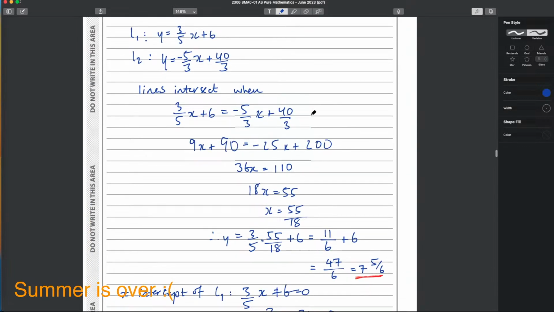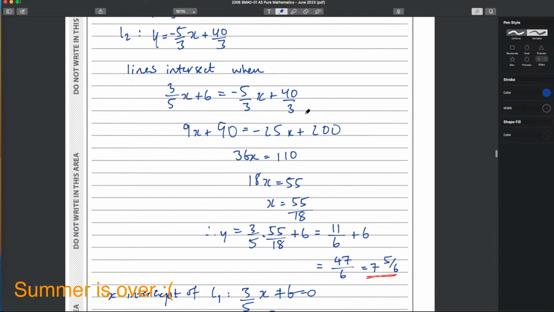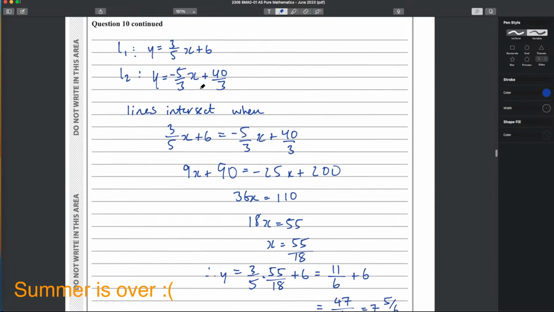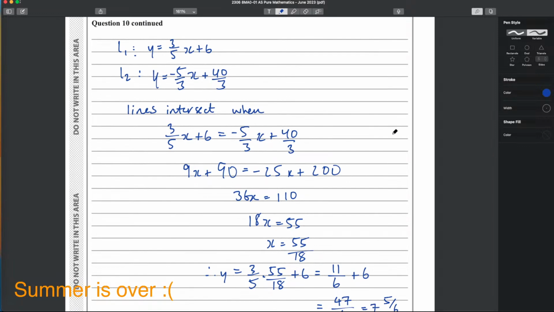Yep. So the error is in this algebra somewhere apparently. They intersect when they're equal. That is fine. This should be fine.